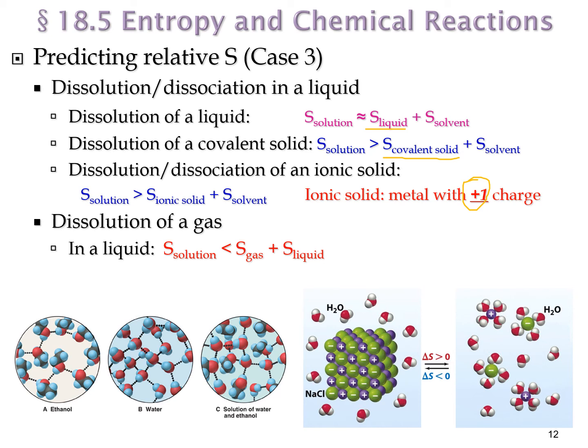Let me use simple numbers to explain. So 8 equals 4 plus 4. Remember, the entropy of a gas is greater. So 8, 16, and 4. Of course, the sign is going to change. So 8 is less than 16 plus 4. That certainly explains that a solution with a gas inside definitely hurts the entropy. So that is the reason why, remember when we have a soda and we open the lid, gas comes out.